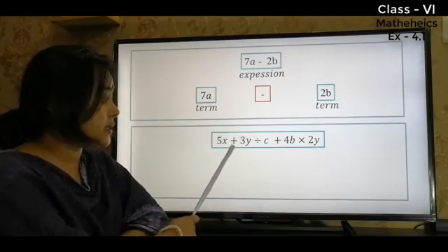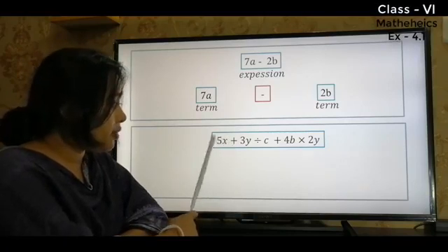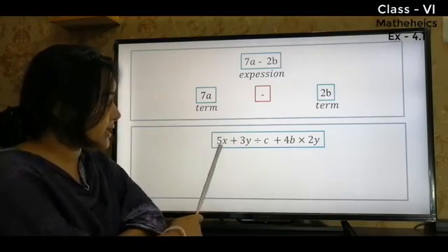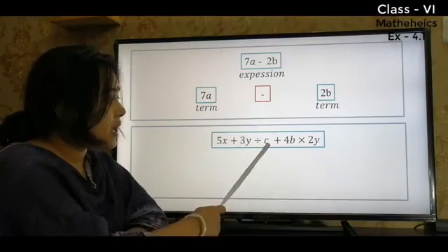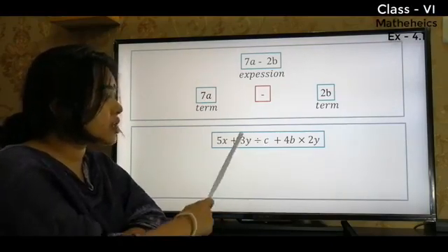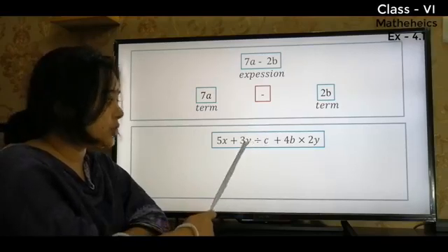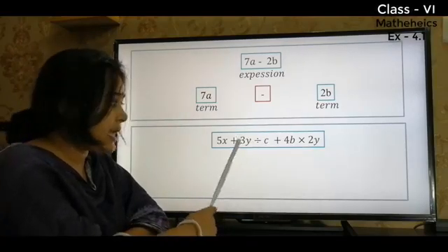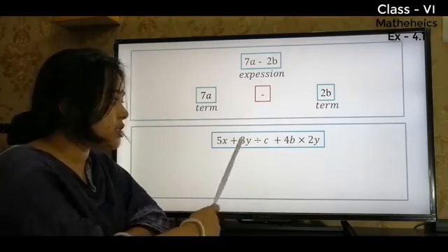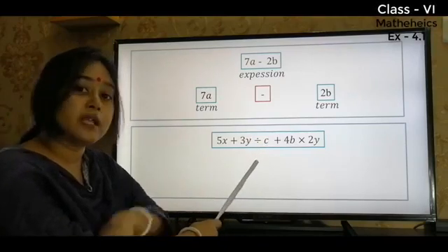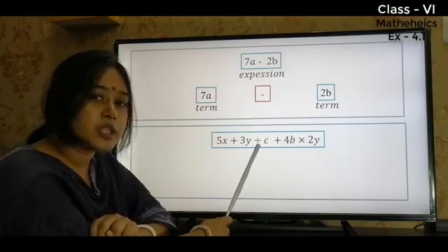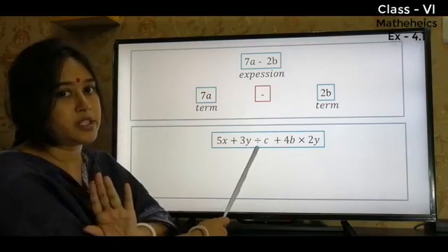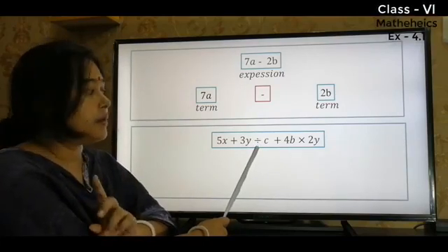Here is a plus sign, so before this plus sign we have 5x, which will be a term, and after this plus sign there is this whole division operation. So this 3y divided by c, this whole division operation, will be considered as one term, not two terms, because we will not consider the division sign to find out terms.